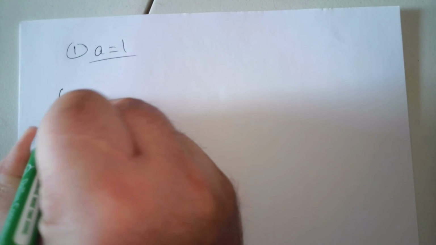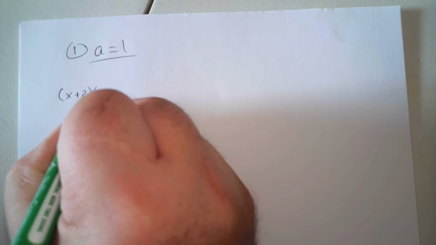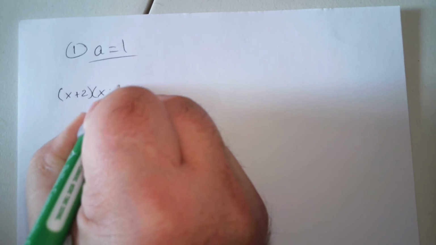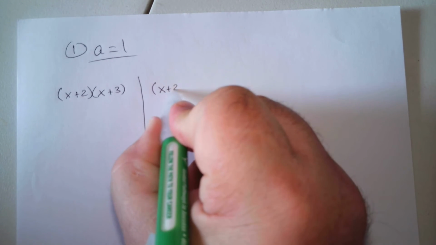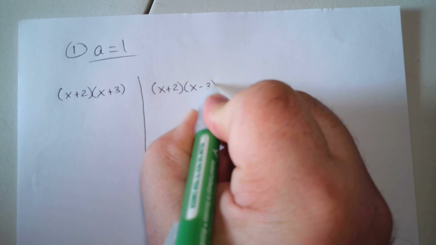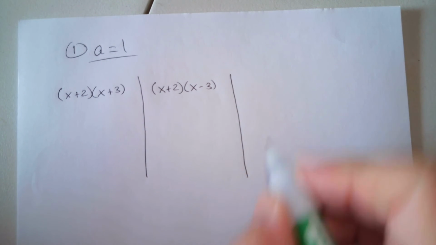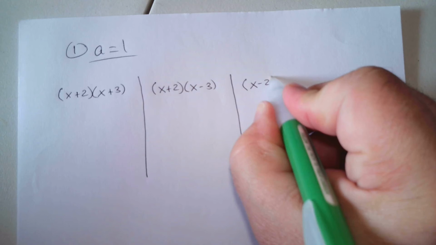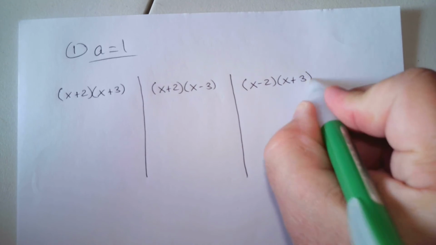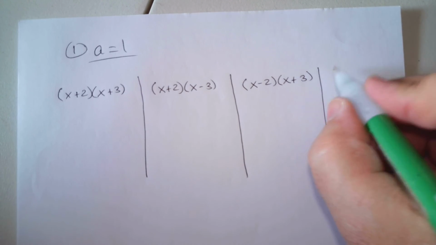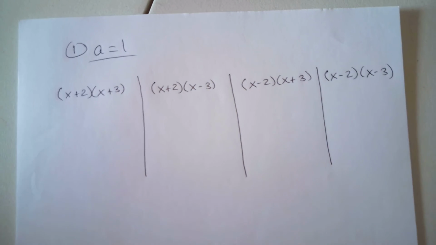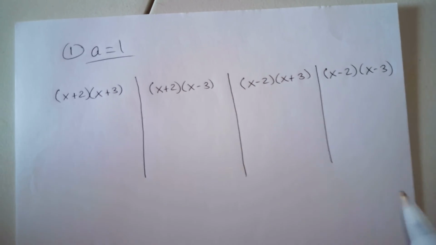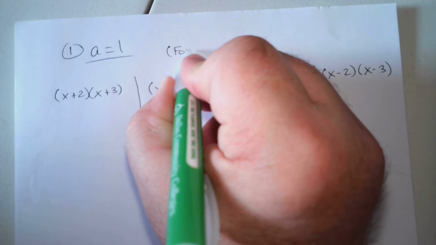In other words, I'm going to give you 4 equations: x plus 2 times x plus 3, x plus 2 times x minus 3, x minus 2 times x plus 3, and x minus 2 times x minus 3. Let's first review that process. We're going to use the FOIL here.